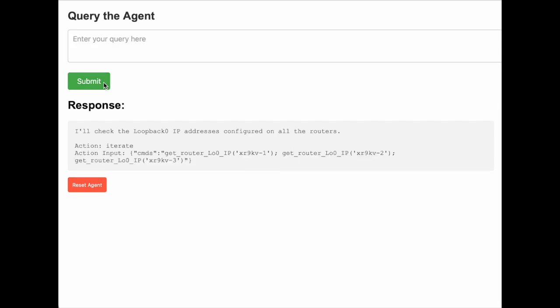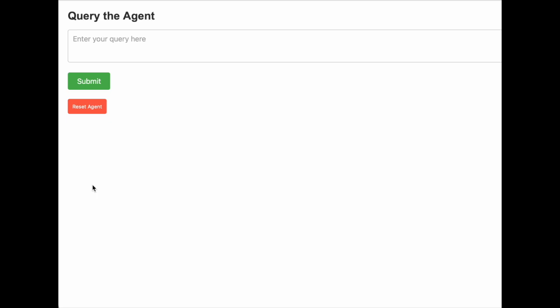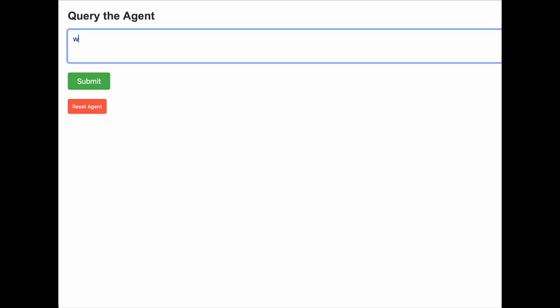I ask what kind of loopback addresses they have on the routers. Oh my god, something is wrong.